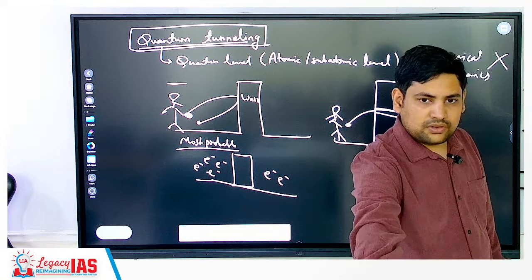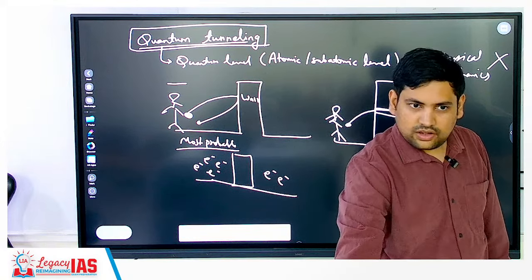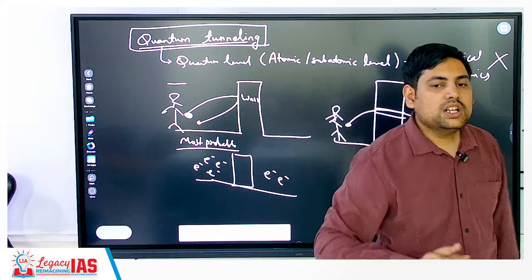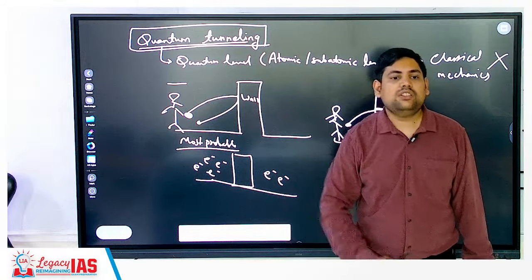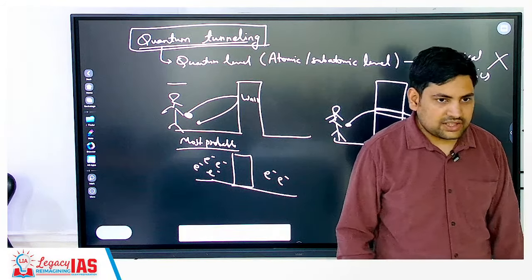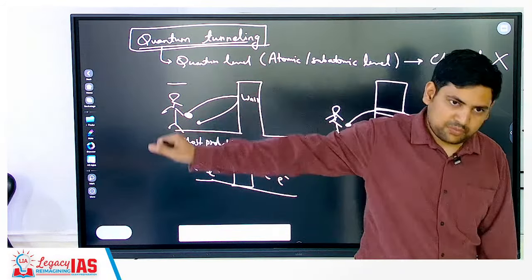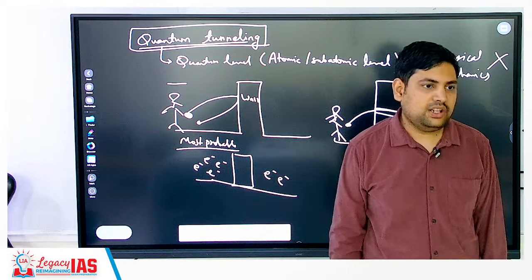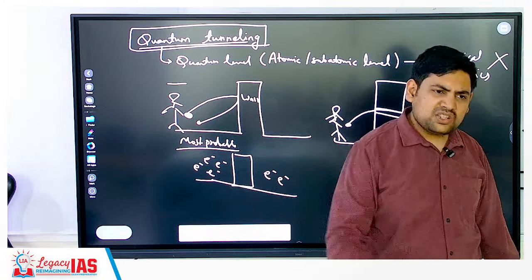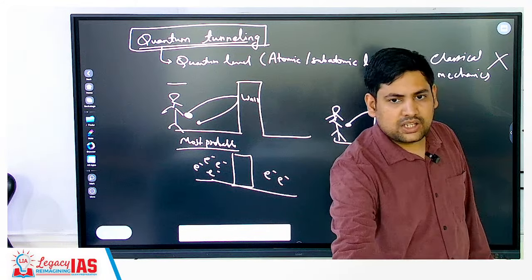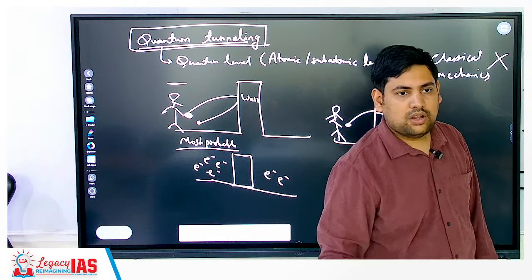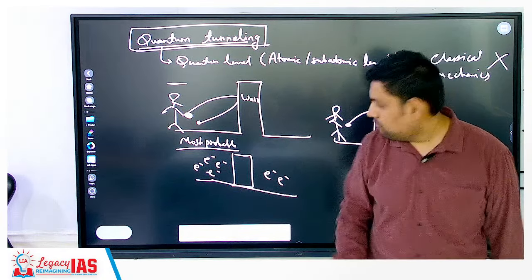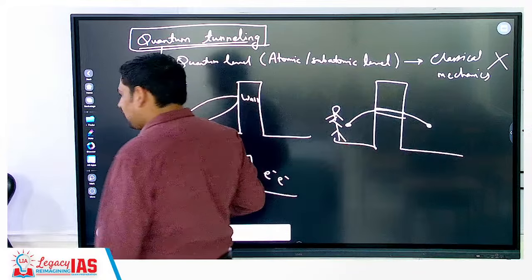Am I on the floor of the class? No. I am on the stage, not on the floor of the class. This is classical mechanics. In quantum mechanics, I will say I have a very high probability of being on stage. I have a minuscule or very low probability of being on the class floor. But there is always a possibility. That's the only difference. Most probable is still electrons being here.